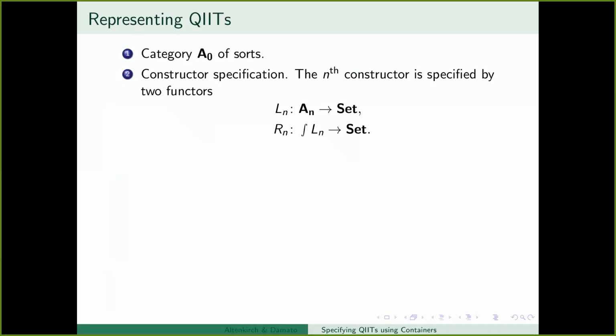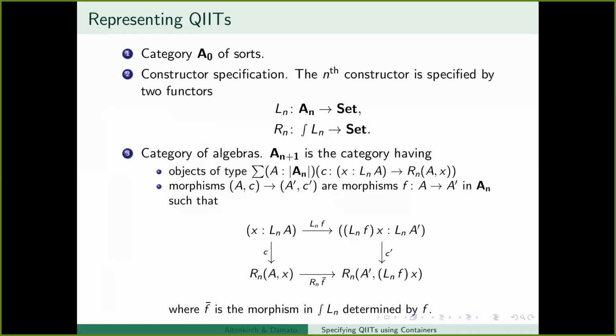So I start with A0, I add one constructor, and then what I do is I obtain this new category of dependent dialgebras. And this has objects which are pairs. So we have something of the previous category, so in the first step, it would be A of type A0.